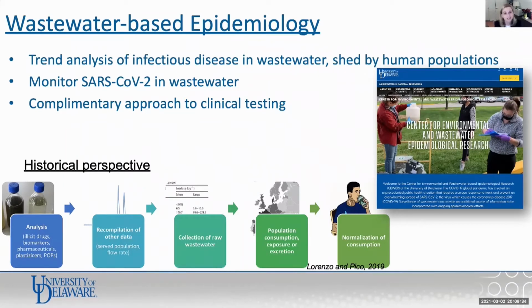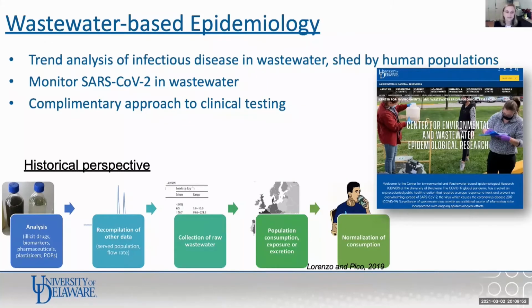specific populations. And we'll reflect back on how we got to where we are today and how useful this complementary approach to understanding the variability of the virus SARS-CoV-2 in our environment is and how complementary that is to clinical testing.